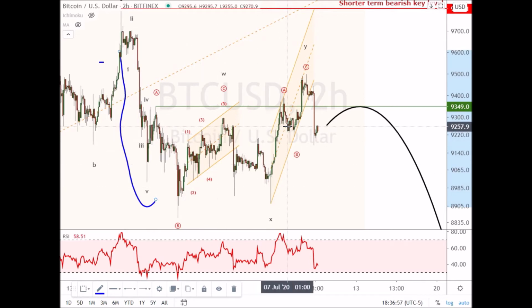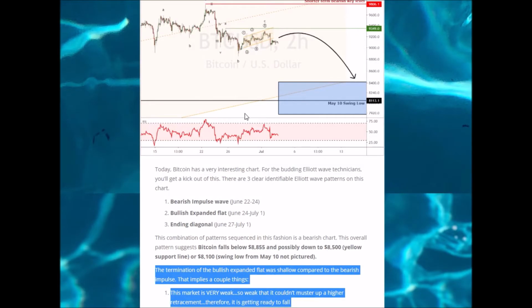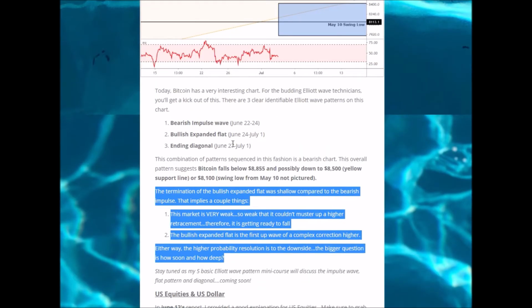Well, last week we had seen 3 different patterns showing up on July the 3rd, and at that point I sent out an alert to the subscribers that said that this was either poised to fall right away, or we may get one fake out higher. And so here is what we're looking at from that report.